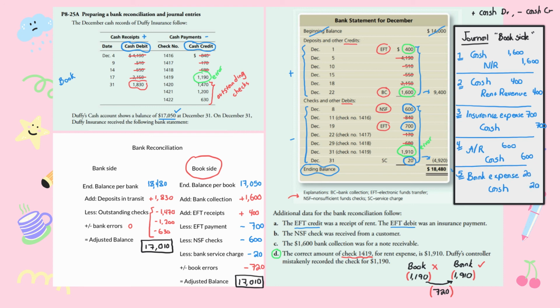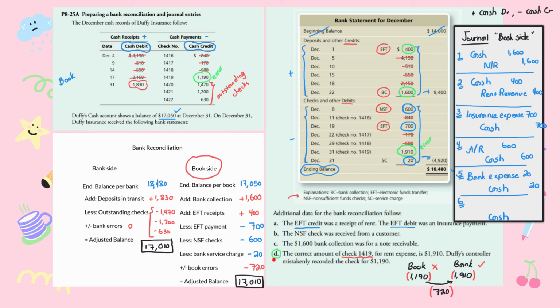And now the last adjustment is for the book error. So I'm going to decrease cash by 720. So cash will be on the credit side. Now what shall I debit?